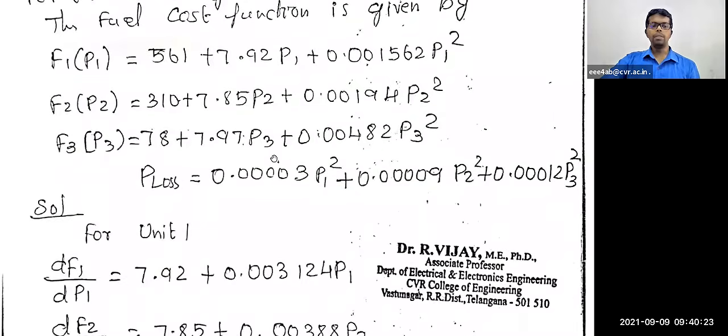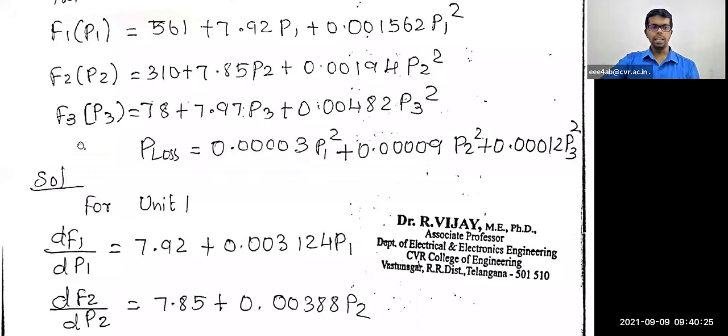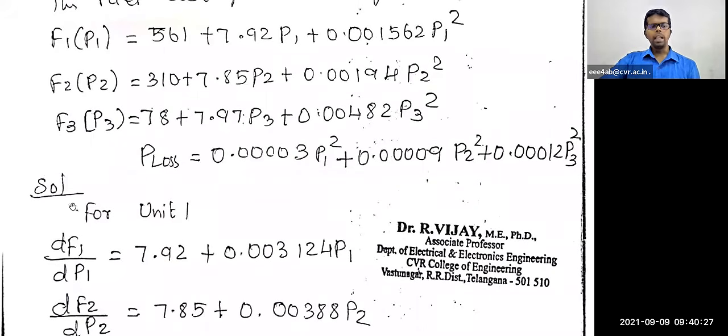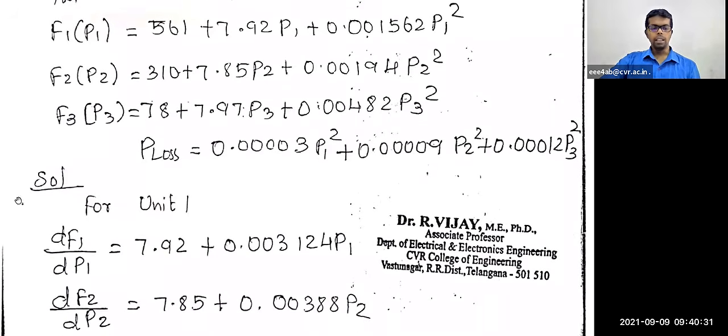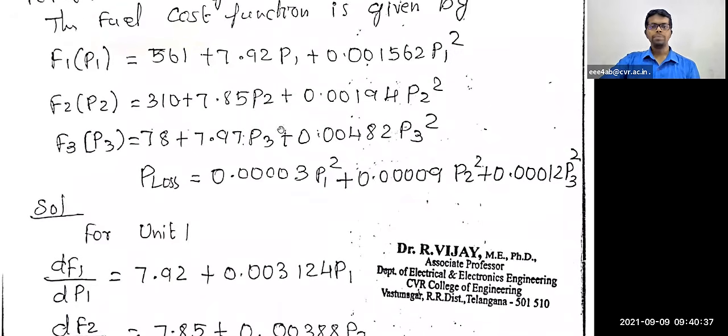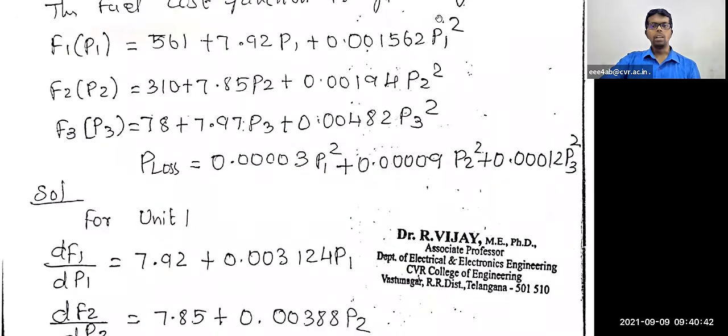So first we differentiate with respect to the power of generating unit 1, that is dF1 divided by dP1. If you differentiate, the constant term is neglected, P1 becomes 1, and the square term is multiplied by 2.